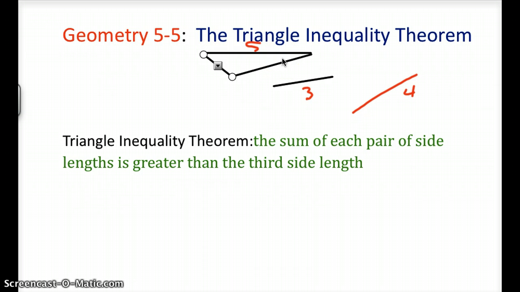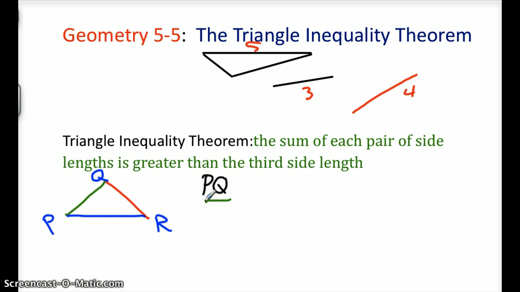So let's draw a triangle here. I'm going to use green, red, and blue, and I'm going to call the vertices P, Q, R. I need to add 2 sides together, PQ, my green, plus QR, and it has to be greater than the third side, the blue one, PR.